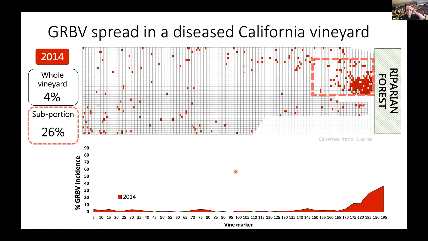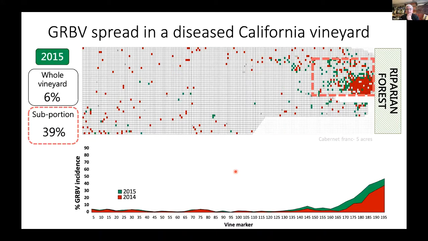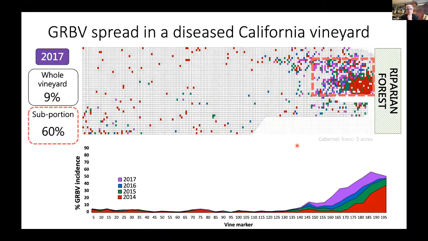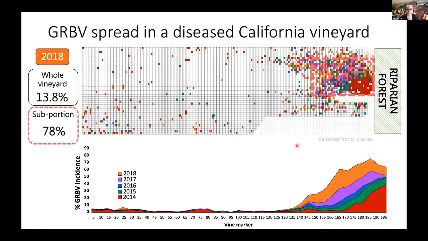So in 2014, any diseased vine was highlighted in red. 2015 in green. 2016 in blue. And you can start seeing how this area is going to be filled up over time. Purple, 2017. Now we are in 2018.